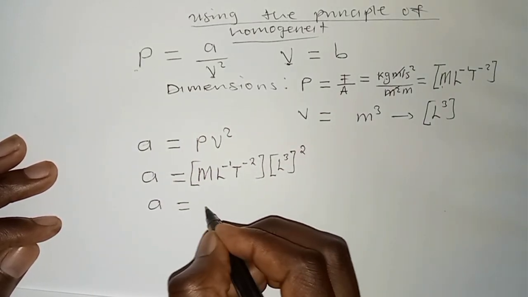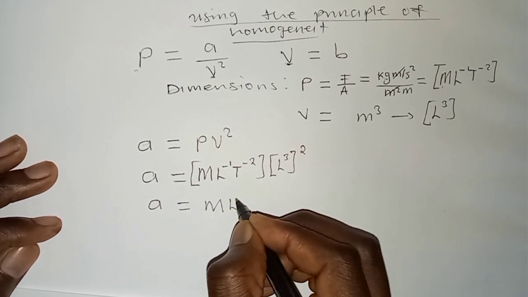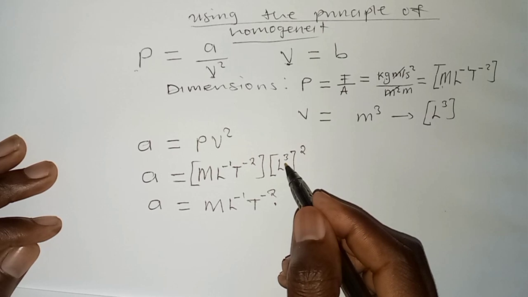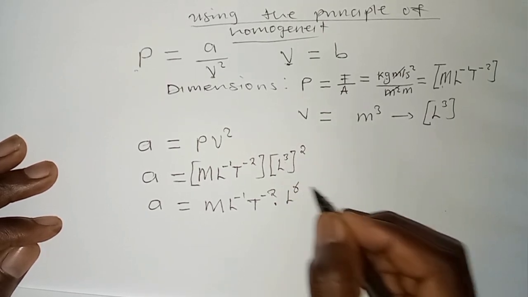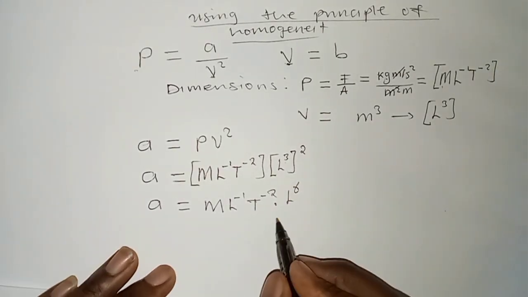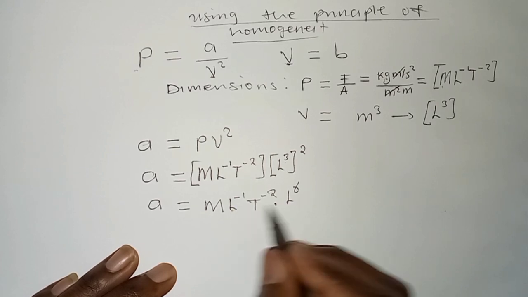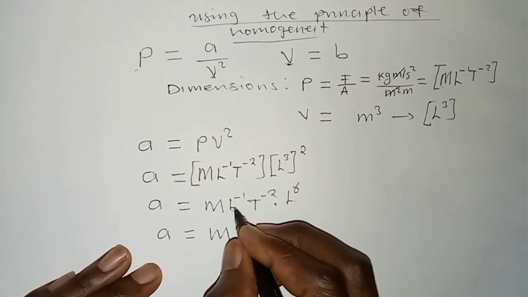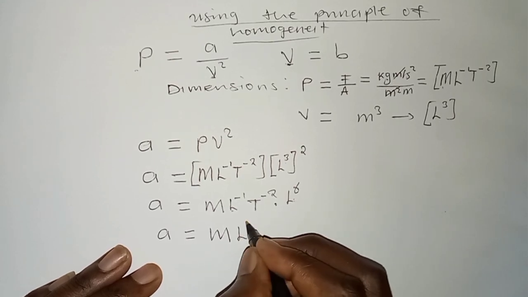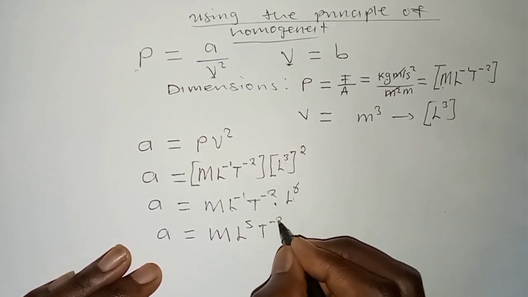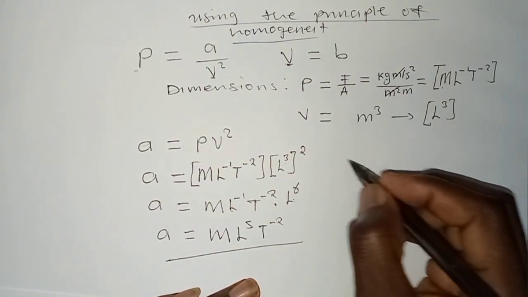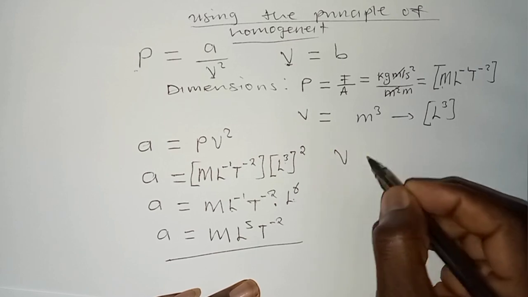If you square this, you get something like that. A has to give us M, and these two give you something like that. These will be the dimensions for A. If you come to B, it is just the same as V.